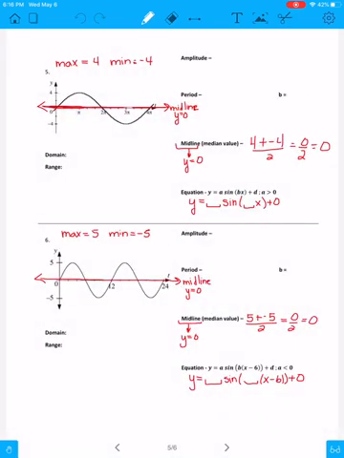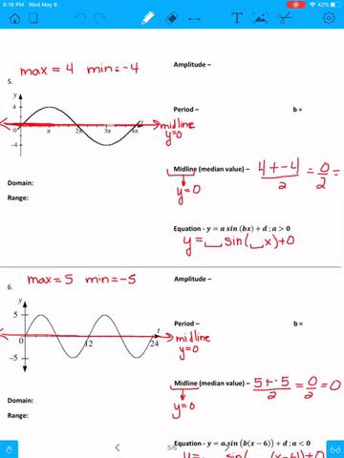And then number 5, I'm going to check my amplitude. I'm going to do the absolute value of my max minus my min, divided by 2, which equals the absolute value of 8 divided by 2.